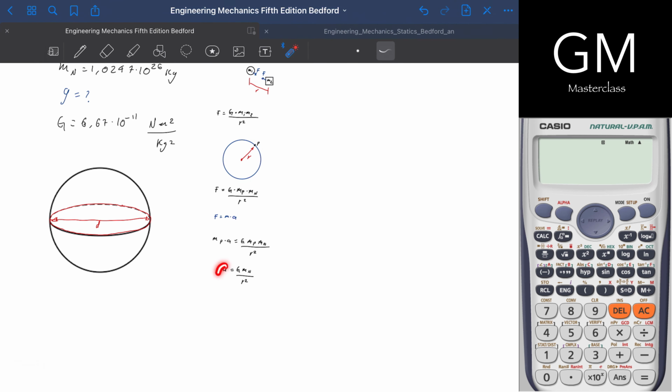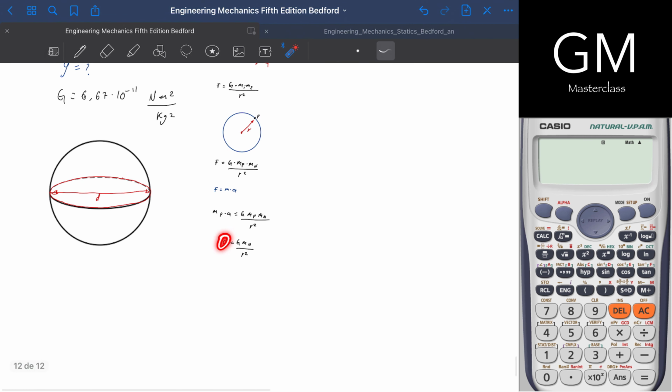And I'm looking for an acceleration, which is the acceleration due to gravity.